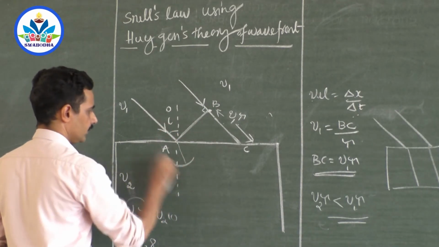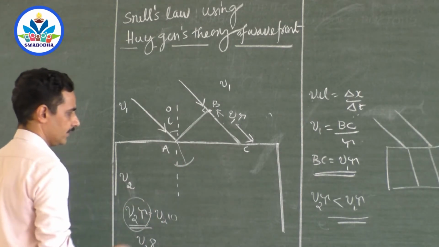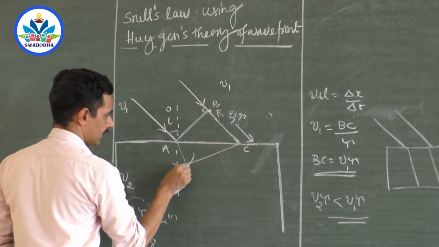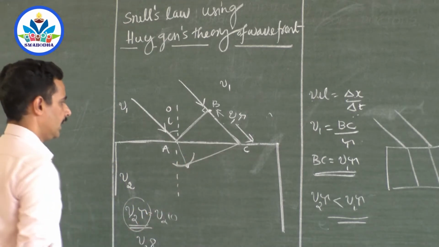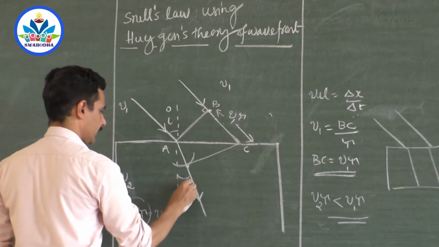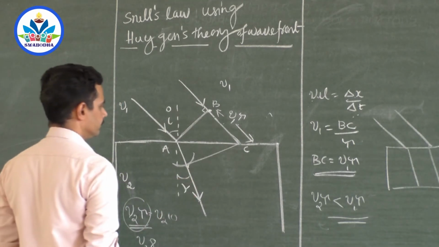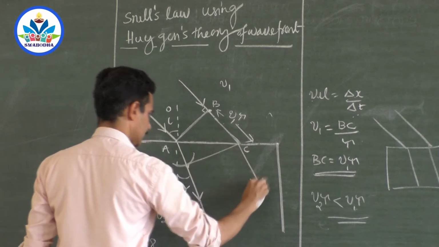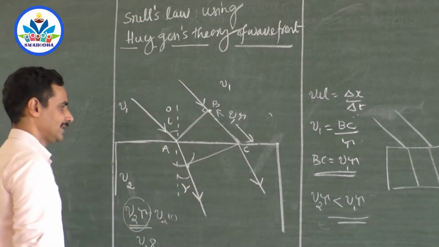You need not draw the full circle here. For this arc, you have to draw a tangent like this, normal. And where will the refracted ray be then? It will be here, and this will be the angle of refraction. Draw a line parallel to this like this. So this will be lagging behind by 10 seconds or so.